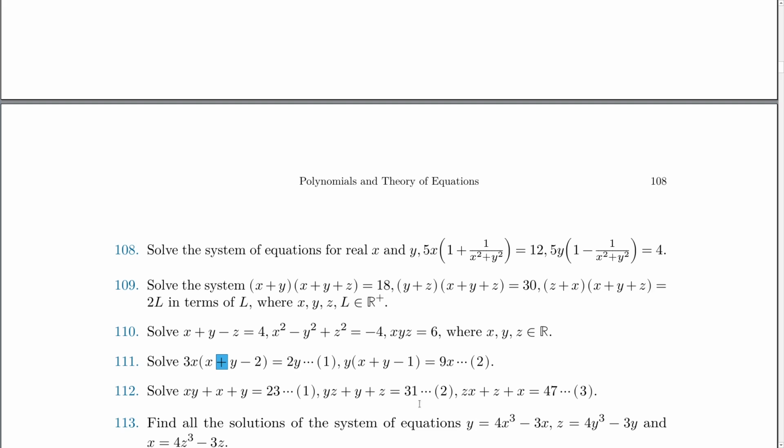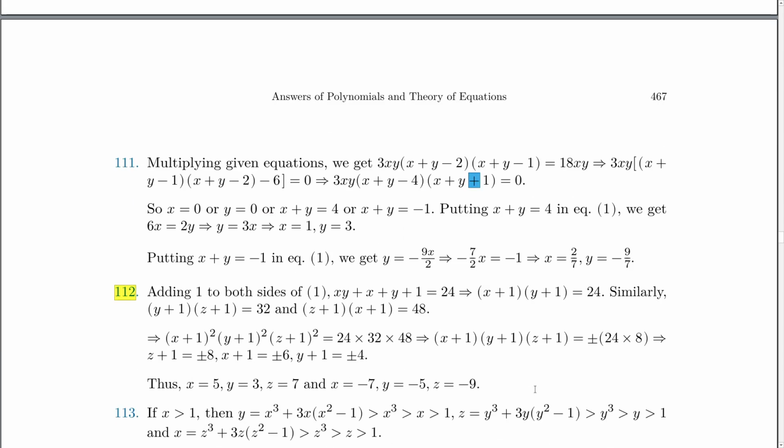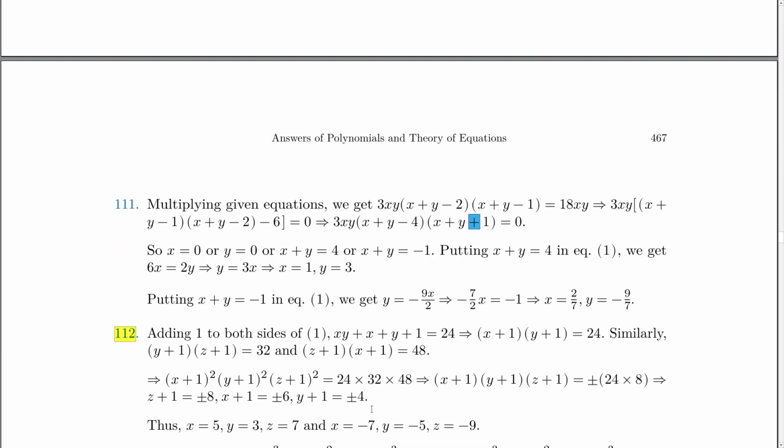Now we solve question number 112. Again, we have three equations and three unknowns. We are given xy + x + y = 23, yz + y + z = 31, and zx + z + x = 47. What we do is add 1 to both sides of the first.